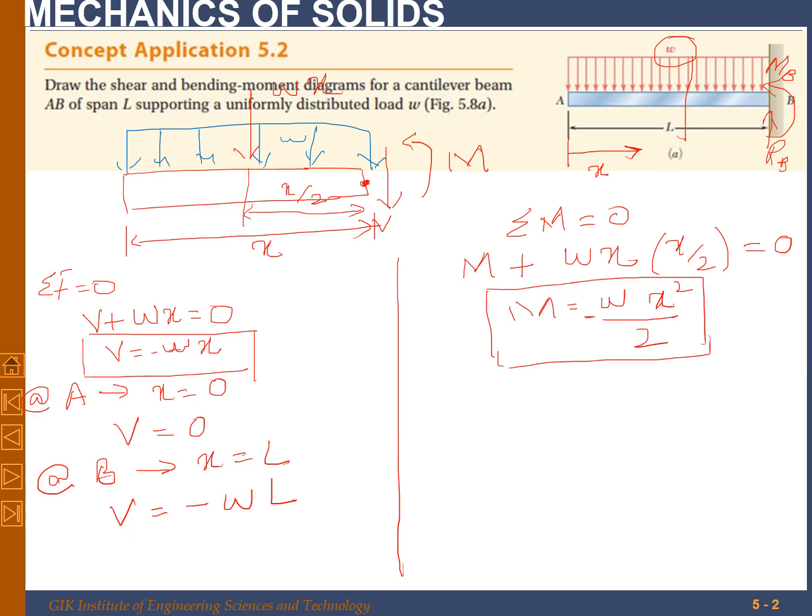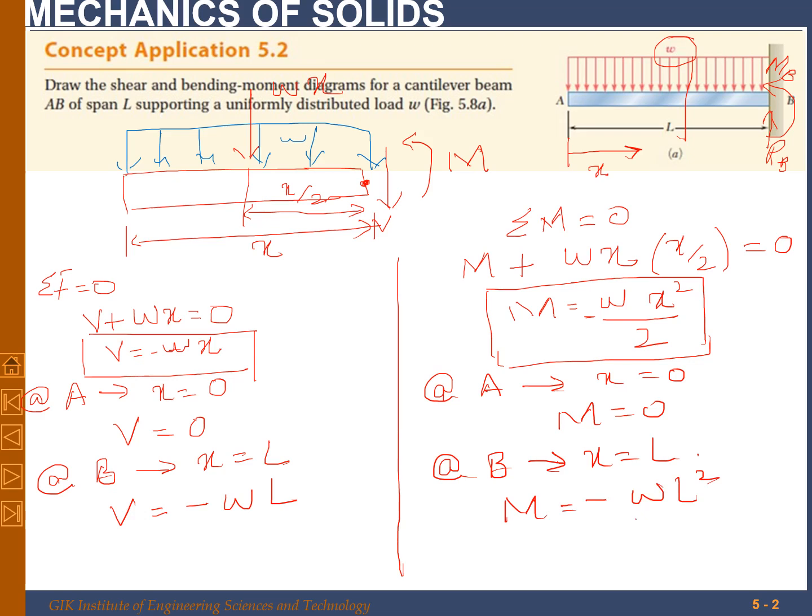If you look at this expression, at A, when x is equal to 0, the value of the moment will be equal to 0, and at B, when x is equal to L, the moment is minus WL square by 2.